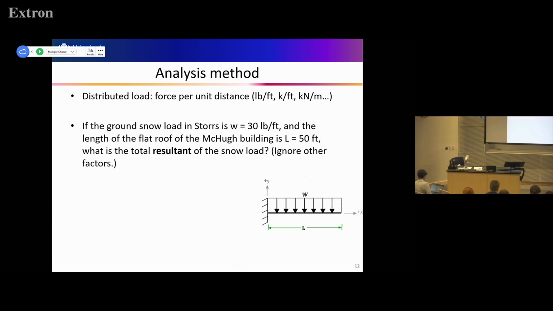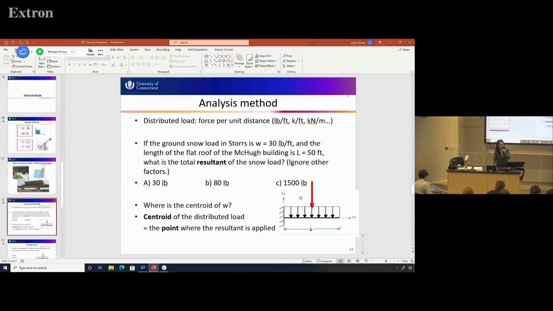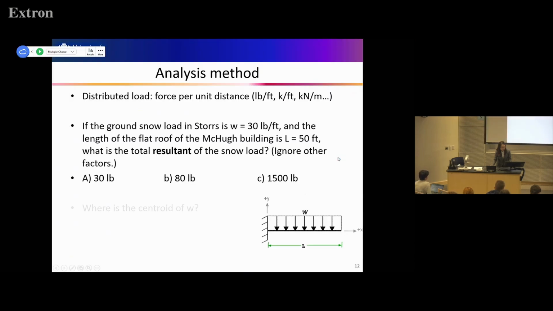What do you think? I'll give you three options. Choose one of them. What do you think the resultant will be? The distributed load is 30 pounds per foot, and the McHugh building length is 50 feet. Where is the resultant of the snow load on the roof of the McHugh building?